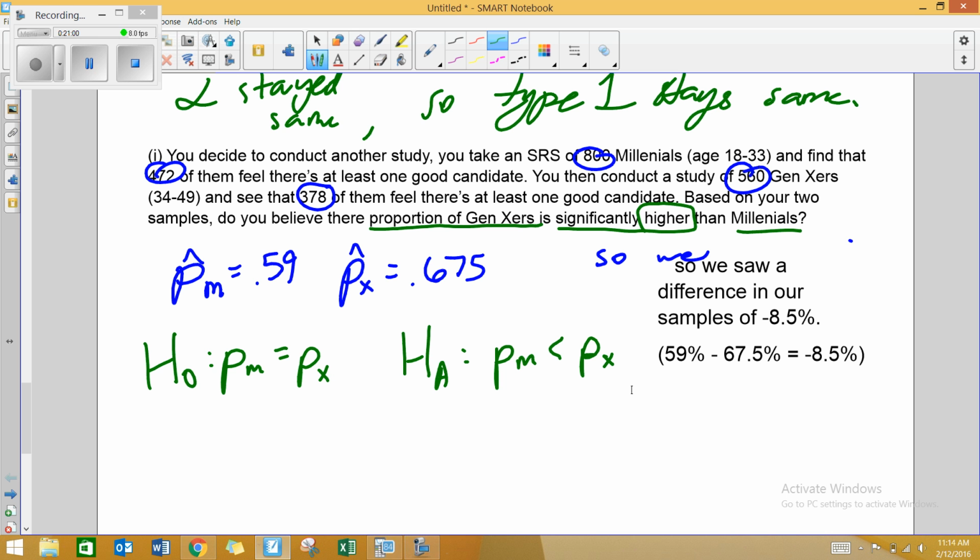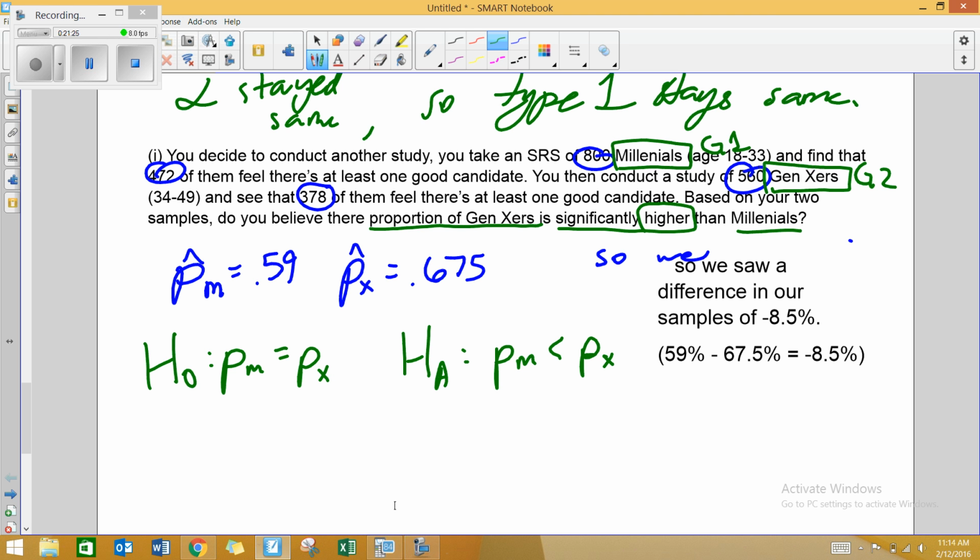And just a general tip, I'm going to stick with millennials as group 1 and Gen Xers as group 2. That's going to save me some headache when I get down to my conclusion and when I'm writing these, and the same in the calculator, it helps to have consistency across the problem.